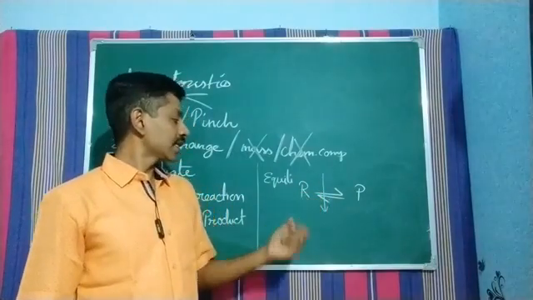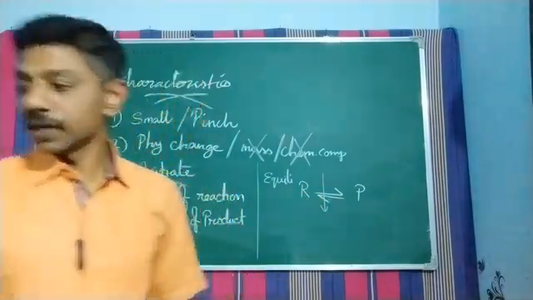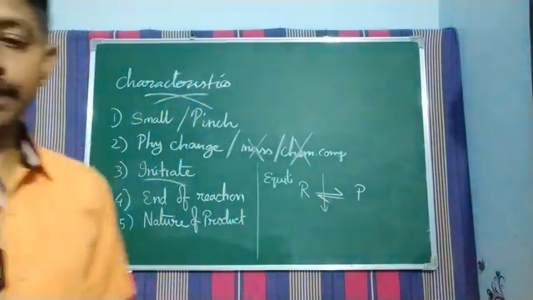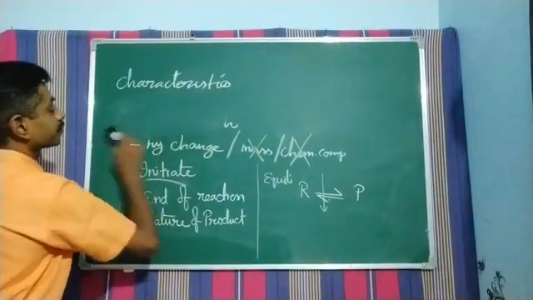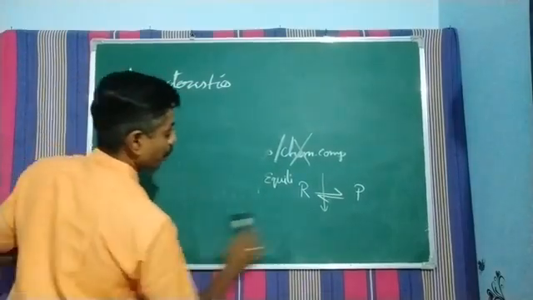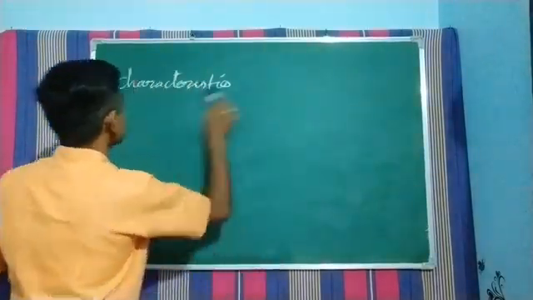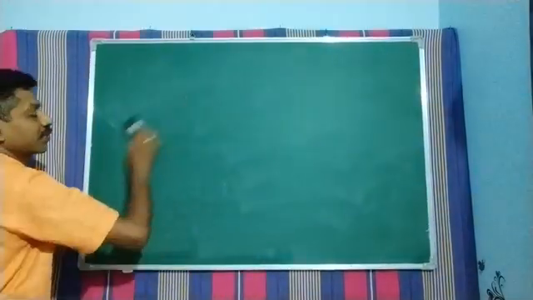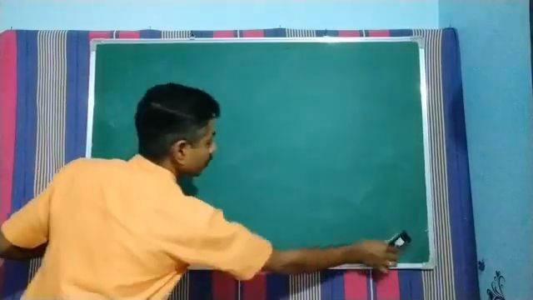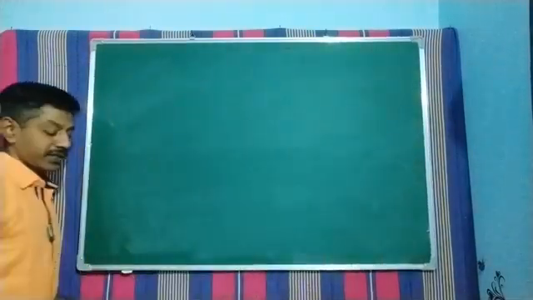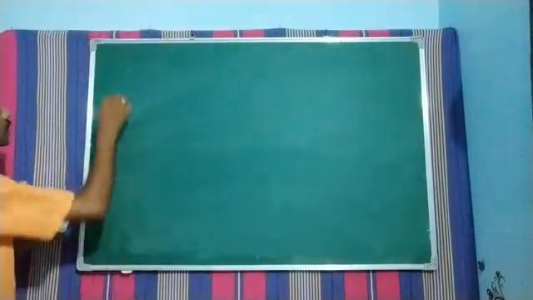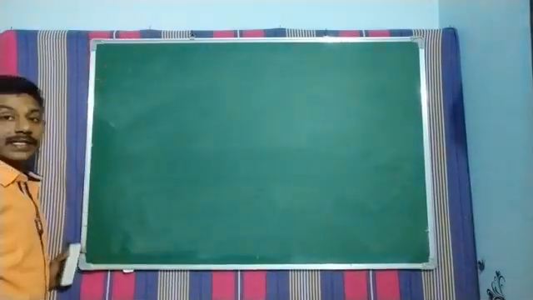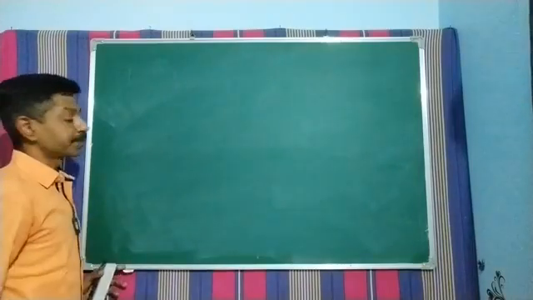So the next thing we have to learn is about other behaviors. We learned a lot about the catalyst and the characteristics of a catalyst. Now we have to learn certain other types of catalyst and their behavior.